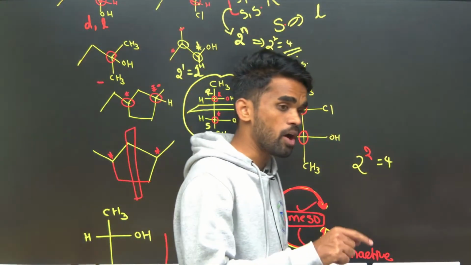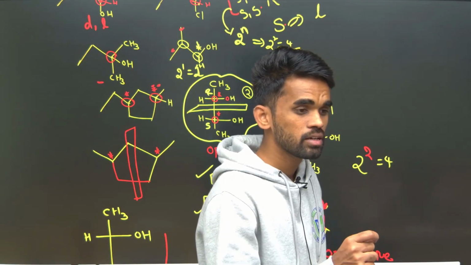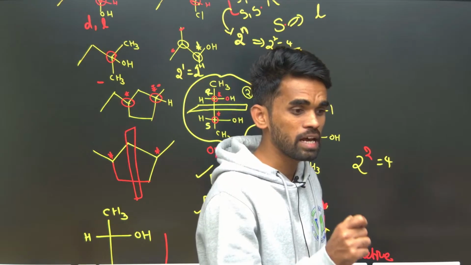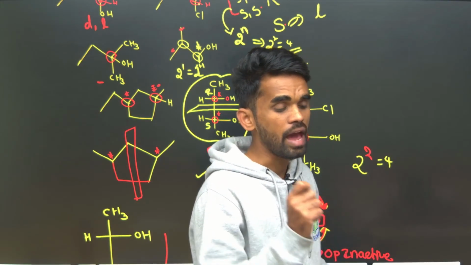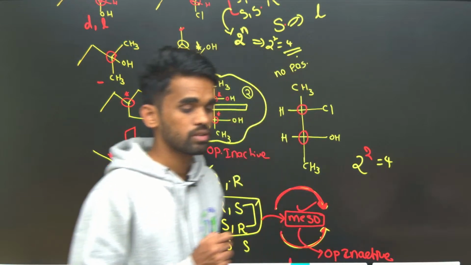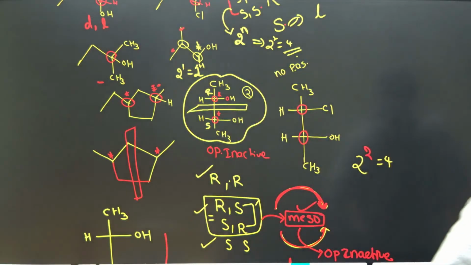Compounds with one chiral center are always optically active. In case of compounds with multiple chiral centers, there should not be any plane of symmetry or center of symmetry, then only they will be optically active, but their isomers can be active.